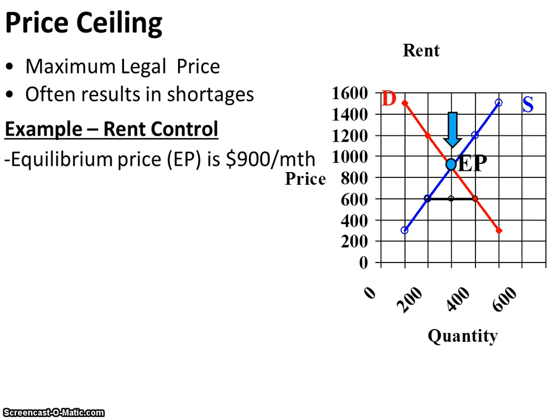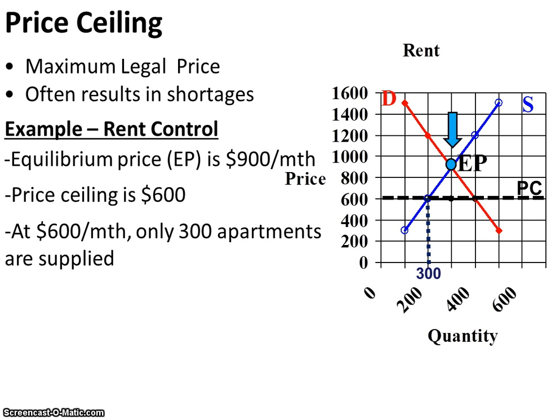If the government implements a price ceiling of $600 for rent in this urban area, maybe New York, maybe San Francisco, what we see is that at $600 a month, there's only going to be 300 apartments supplied by landlords and property owners.